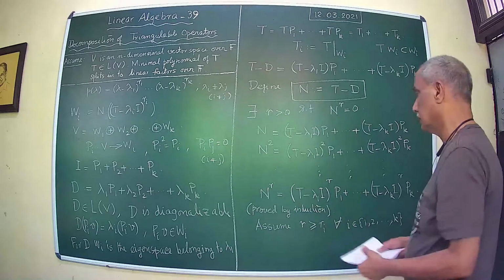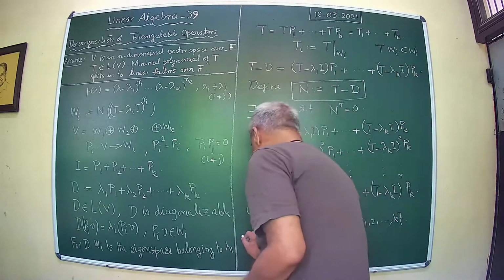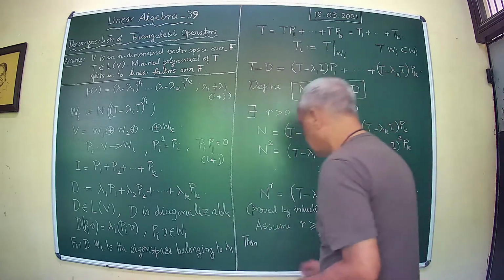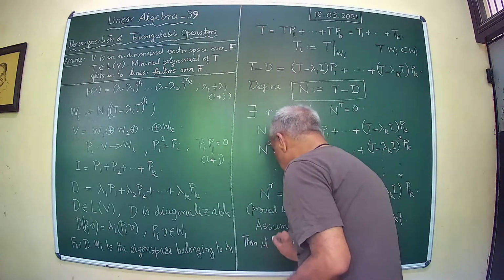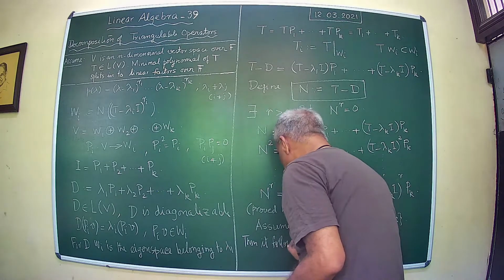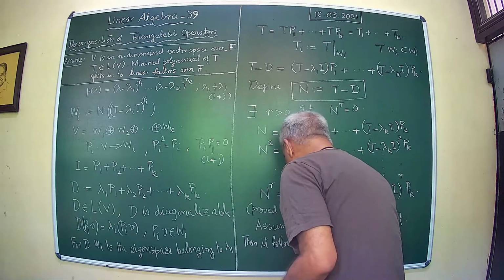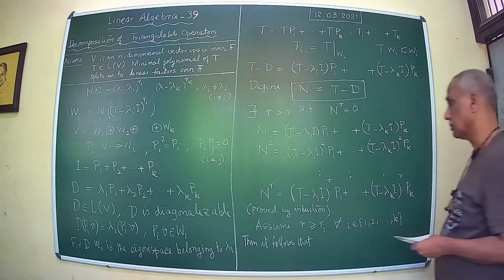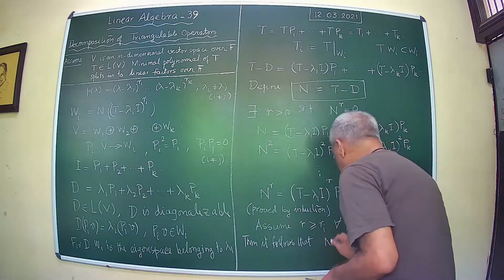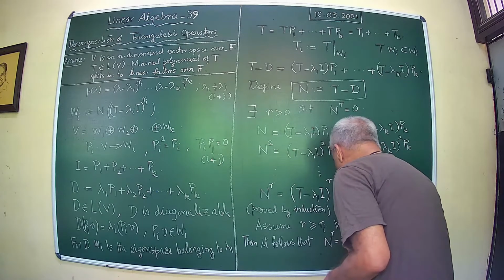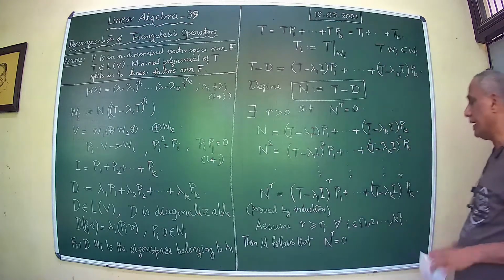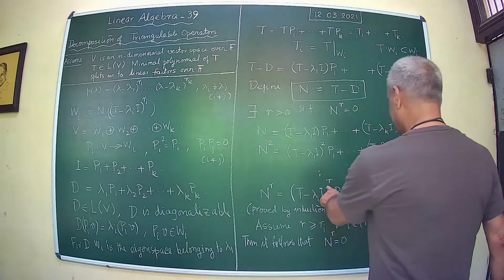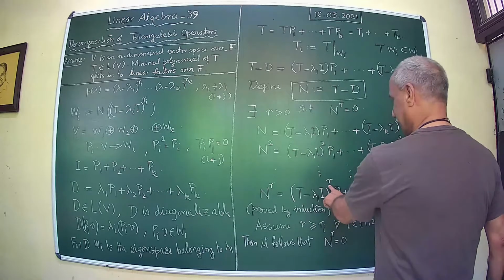Then it follows that N to the power r equals 0. Why is it so? So you are taking r greater than r1 here.